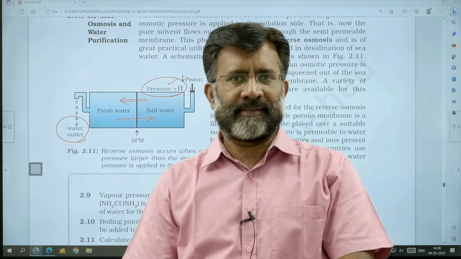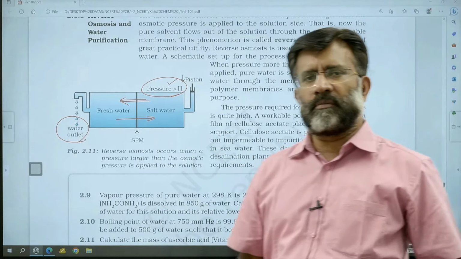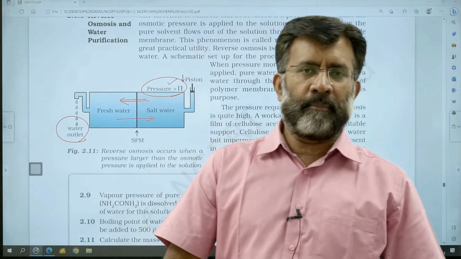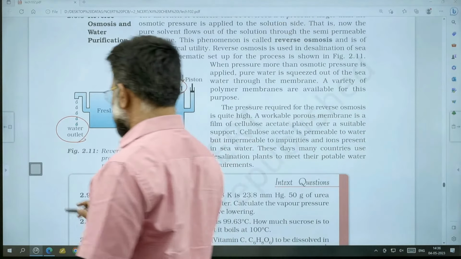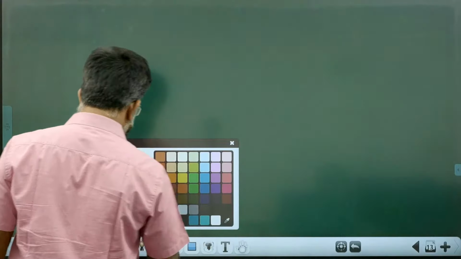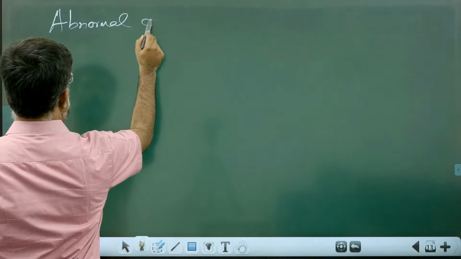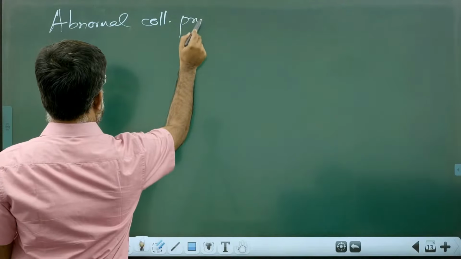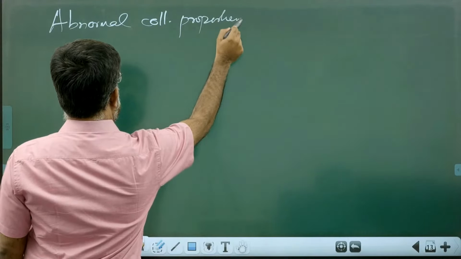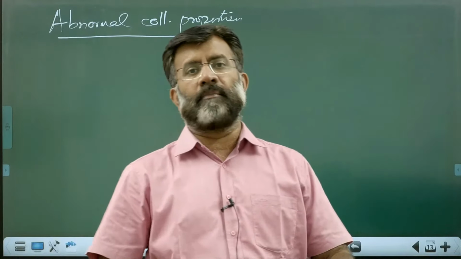That is reverse osmosis, the basic principle of desalination plants. Okay. And finally, a talk on abnormal colligative properties. That is the final topic to be discussed. Many times when you observe colligative properties, we find there are some abnormalities.